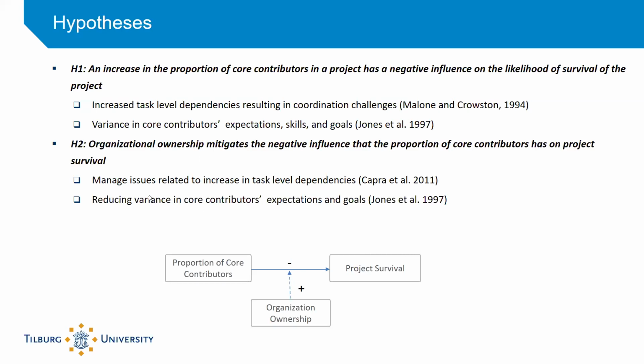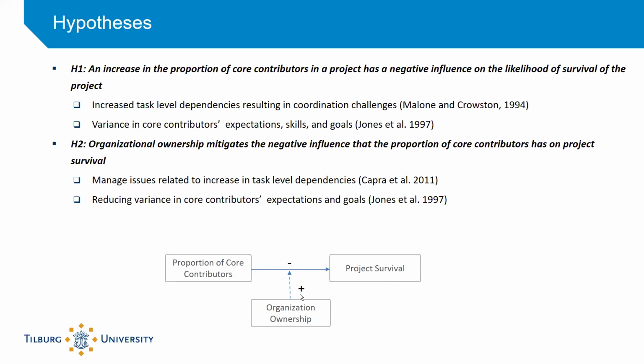When organizational ownership gets involved, I say that there is this moderation effect. The degree to which the organizational ownership will mitigate the negative influence that proportion of core contributors has on the survival of the project.